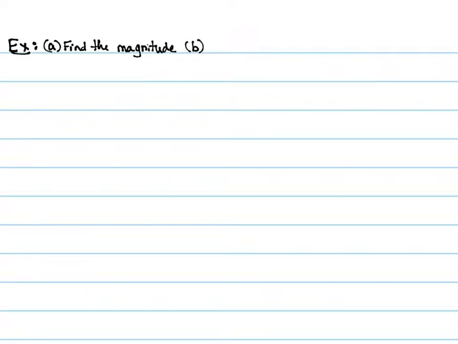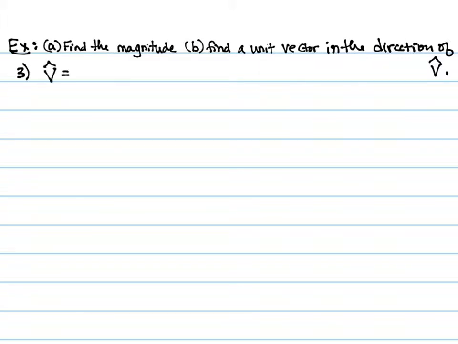B, however, is a little bit different. B wants us to find a unit vector in the direction of V. And the vector V that we're working with on this problem number 3 is the vector 2i plus 4j.